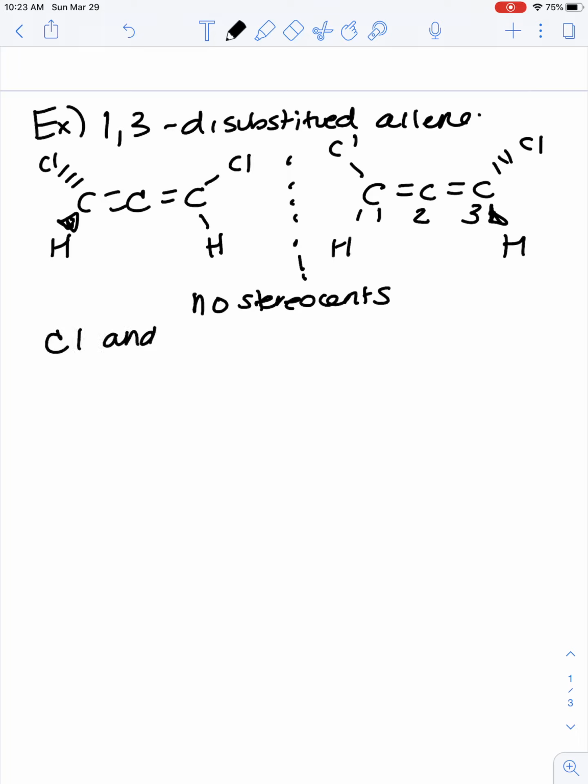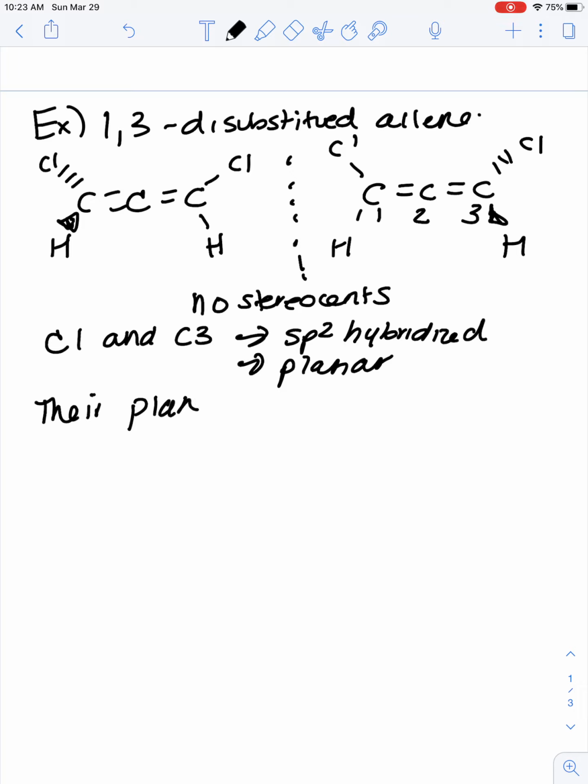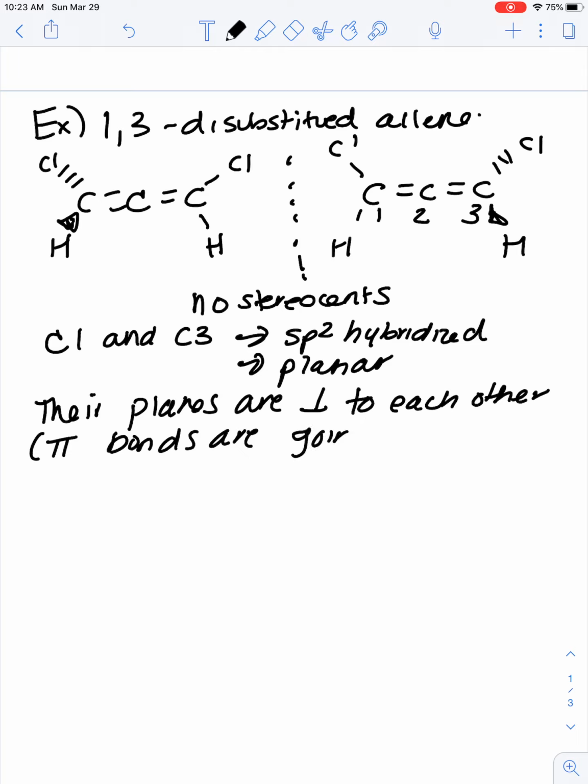If we look at carbon 1 and carbon 3, these are sp2 hybridized, so we would know that they would be planar. When we think about their planes, they are going to be perpendicular to each other, and the pi bonds are going to be oriented 90 degrees to each other.